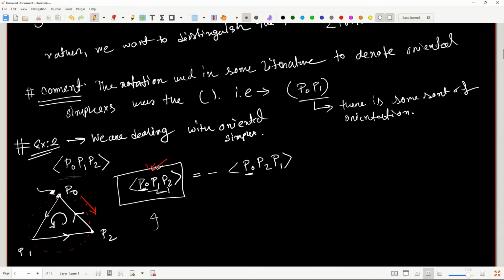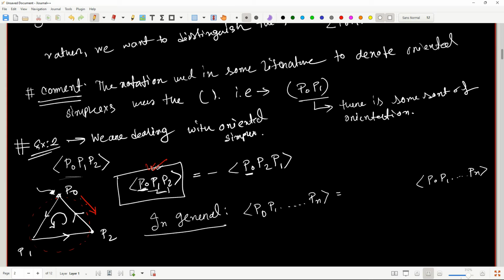So in general, let's say you have an n simplex like P0, P1, up to P of n. This is related to this P0, P1, up to P of n. We may or may not interchange the entries in between. Let's say we can interchange P2 with P3 and so on.